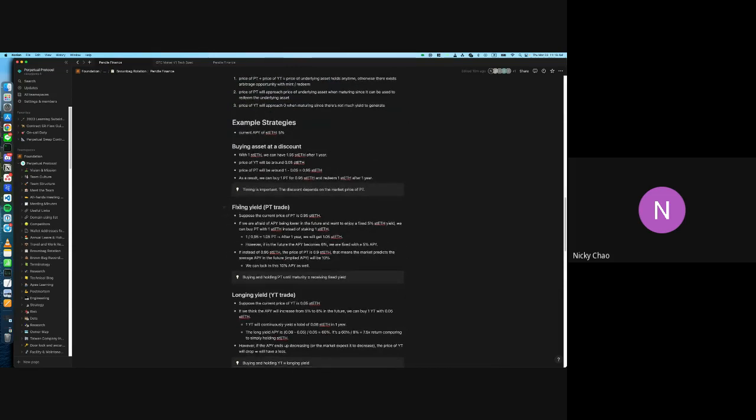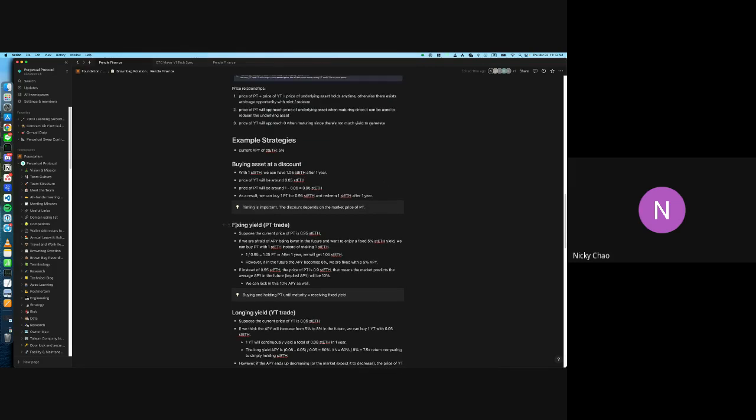For the second strategy, you can fix your yield with Pendle Finance. What do I mean by fixing a yield? The APY of stETH, aUSD or similar assets can fluctuate. Sometimes the rate is higher and sometimes lower. So if you stake 1 ETH and you are afraid the APY will become lower in the future, you can buy PT tokens instead of staking 1 ETH.